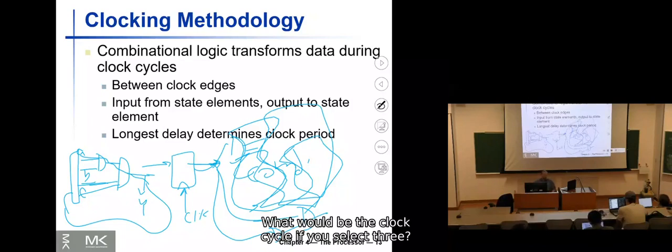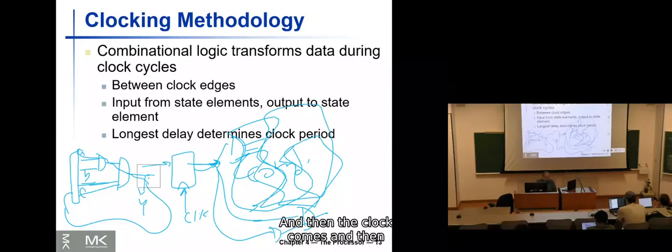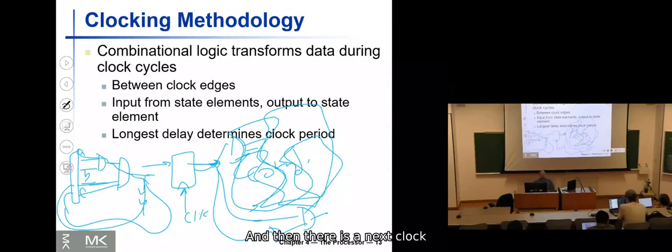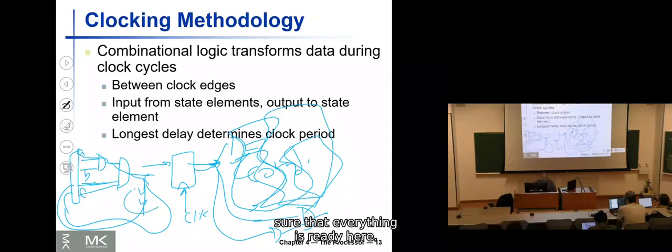6. If you select 3, it is not good, because then this path is not ready when the clock comes, and the value is not ready, and then there is the next clock, and everything will be overwritten, which is not good. We should select 6, so we make sure that everything is ready here.